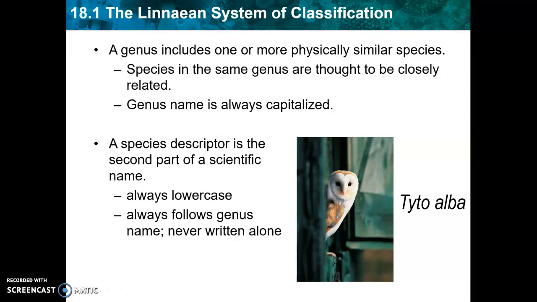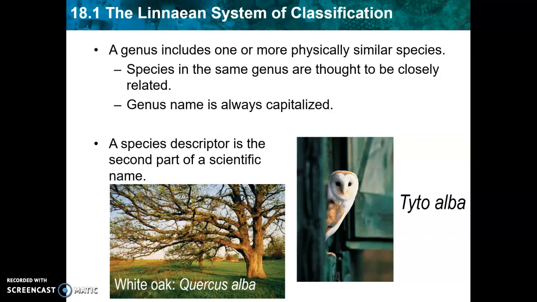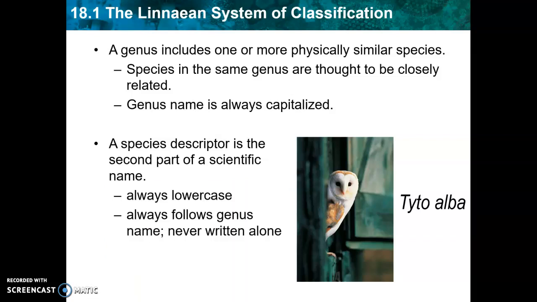And that means that alba, as the species descriptor, we always have to have it along with the genus name of Tyto. Otherwise, we don't know what we're talking about, because if you remember the white oak that we started with earlier in the presentation, it also had the word alba as its species descriptor. So we have to have both words there in order to know which alba we're talking about, whether we're talking about a white oak or a barn owl.